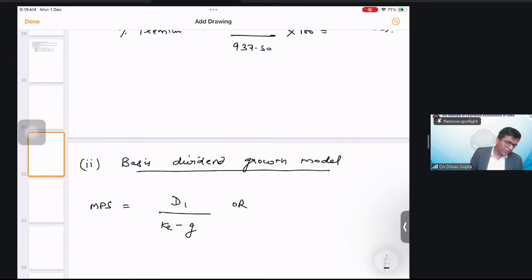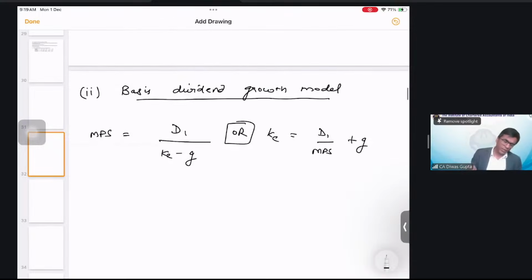Or there is another formula, which is a rearranged one. Cost of equity is equal to D1, which is the dividend payable at year 1, divided by MPS plus growth rate. Correct? These are the two different formulas. The shuffled one. So the existing growth rate is 15%, students.